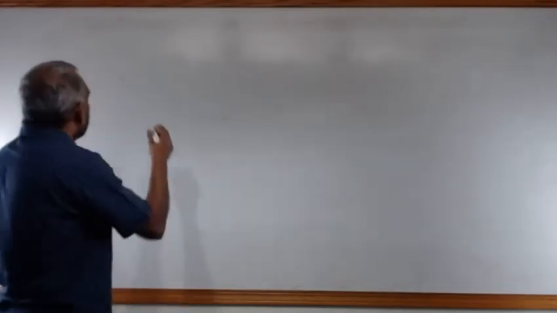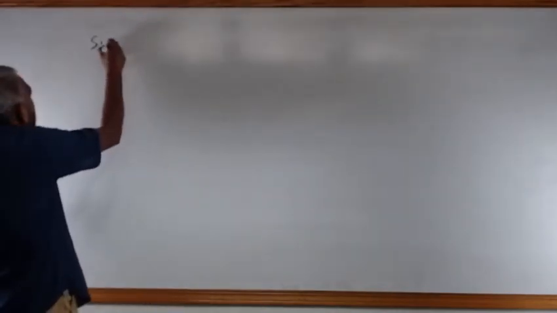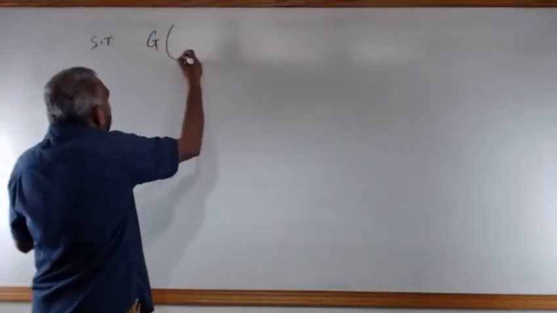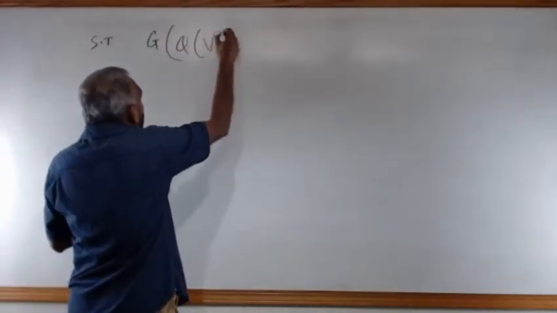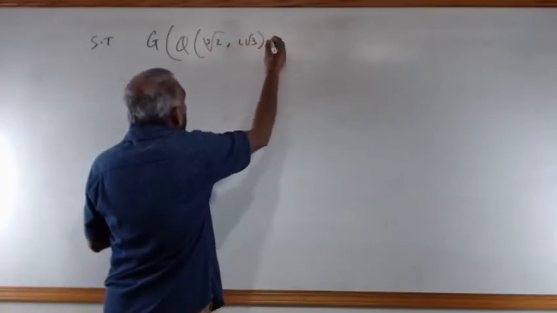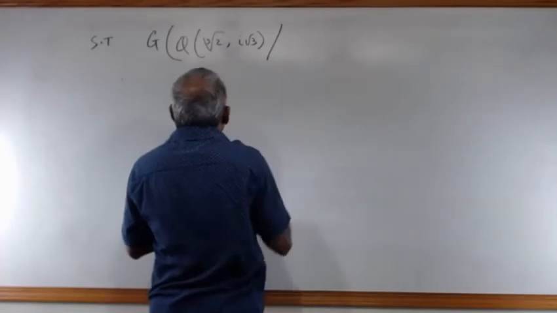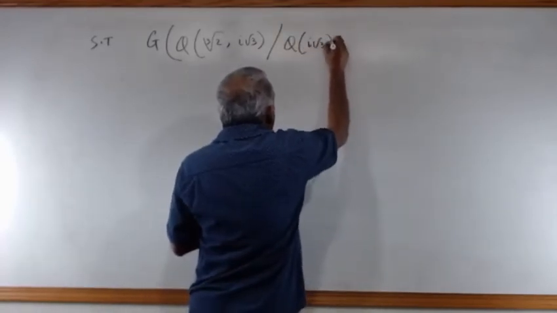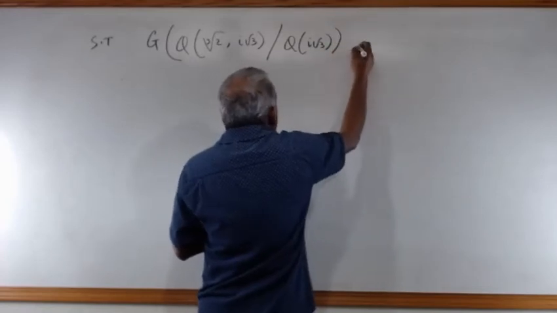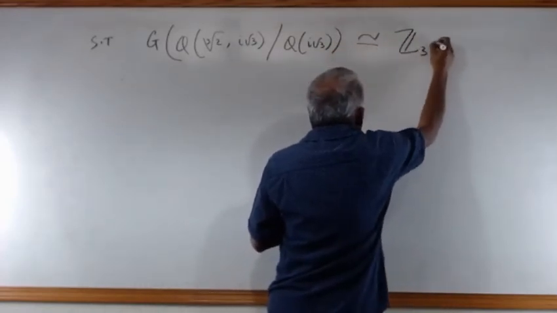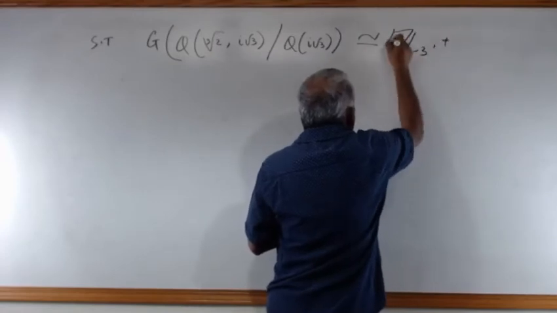We'll do another problem. Show that the group of automorphisms of Q(cube root of 2, i root 3) over Q(i root 3) is isomorphic to Z3 under addition.